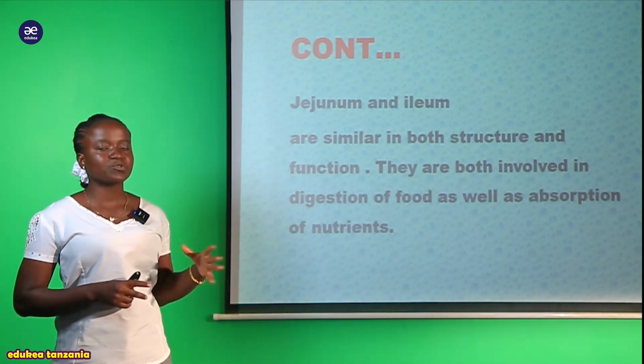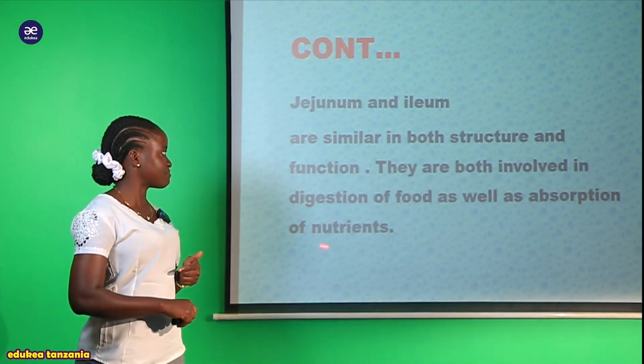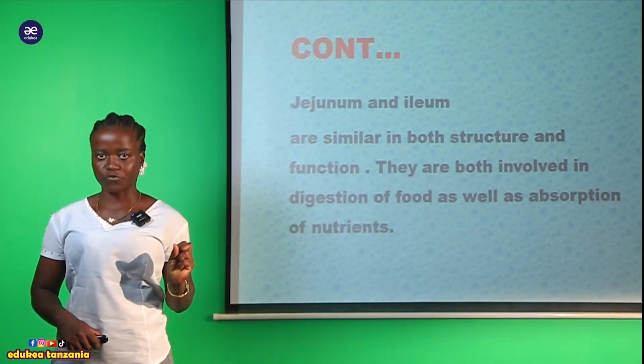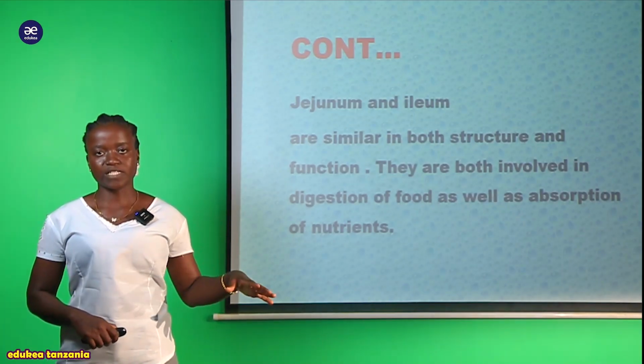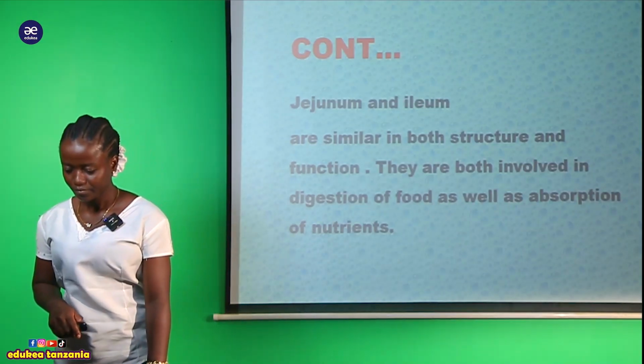Kwa hiyo sasa jejunum together with the ileum, they are involved in digestion of food as well as absorption of food. So it absorbs different kinds of food content to enter into different kinds of body parts.